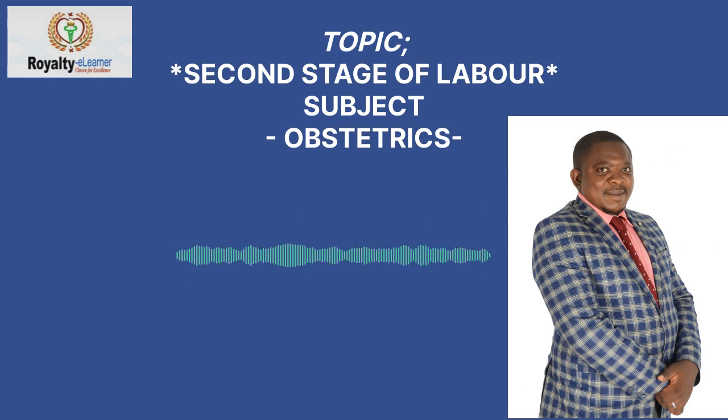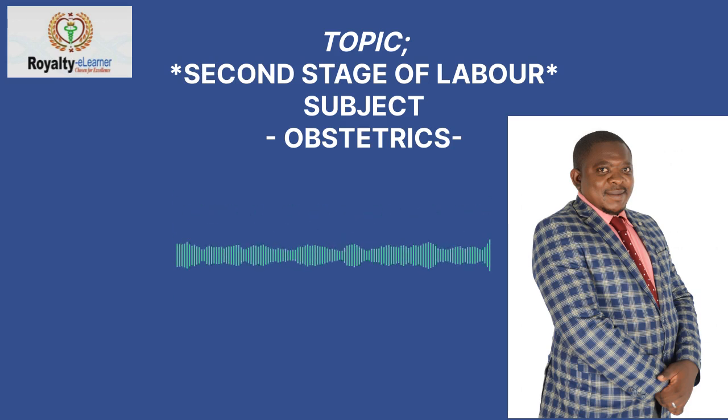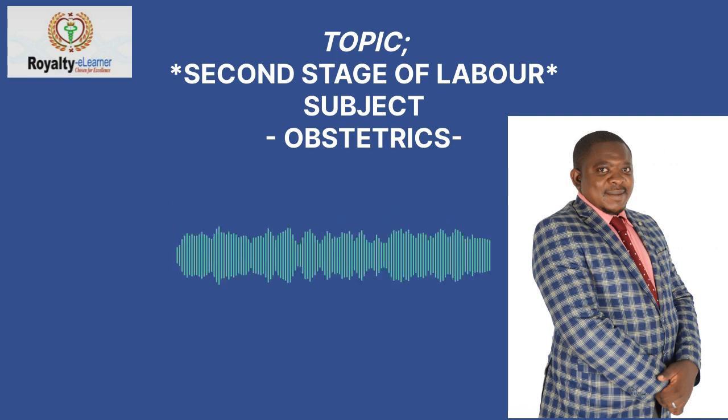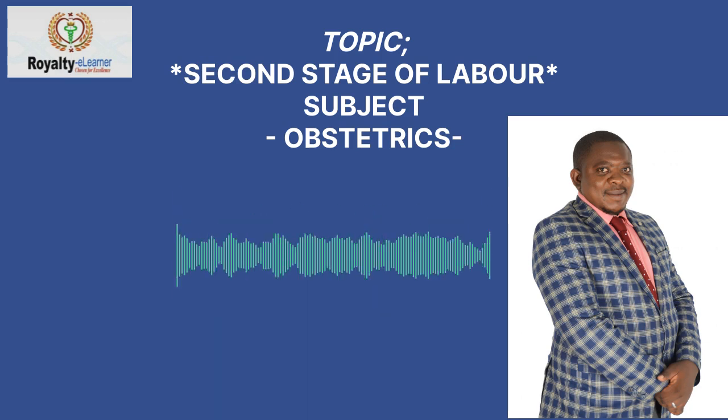Complications that may occur during the second stage of labor. During the second stage of labor, complications like perineal tears, due to the large diameter of the fetal head presenting part, can happen. Then there can also be antepartum hemorrhage, either due to placenta previa or a rupture.